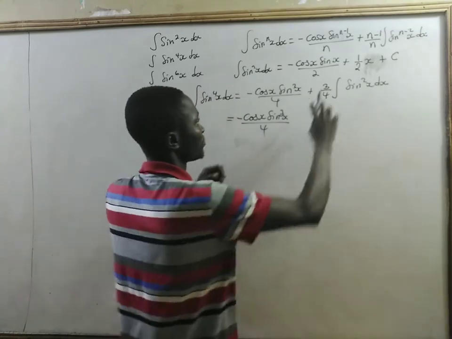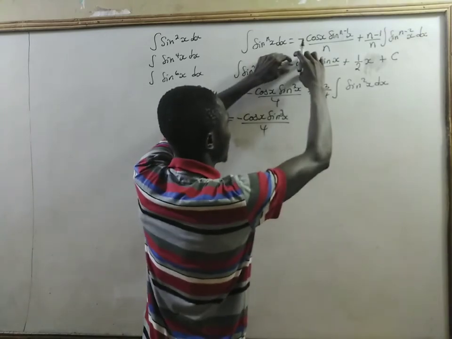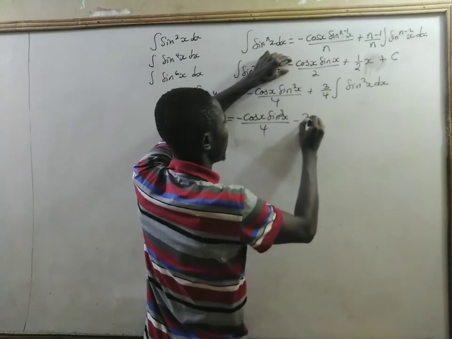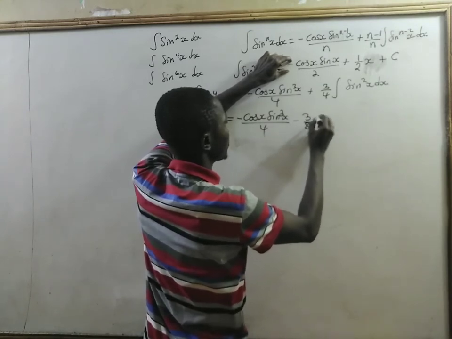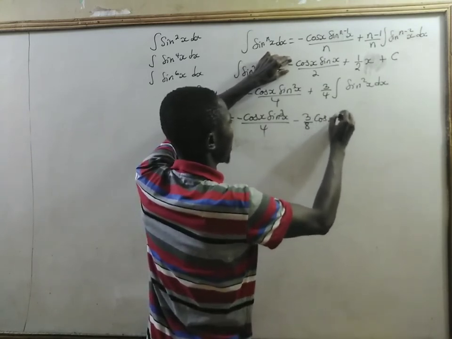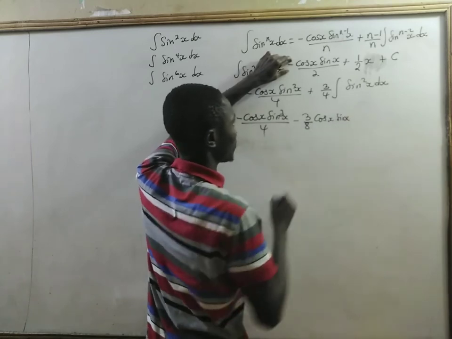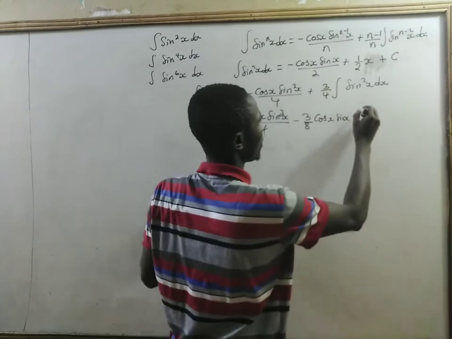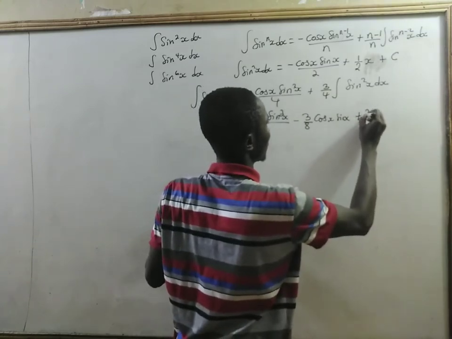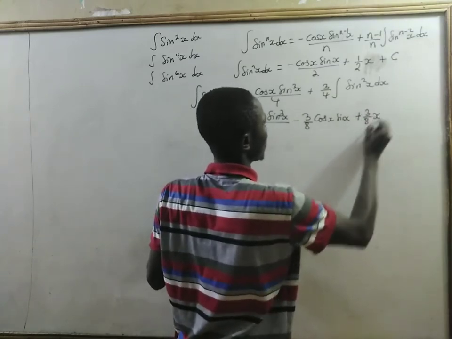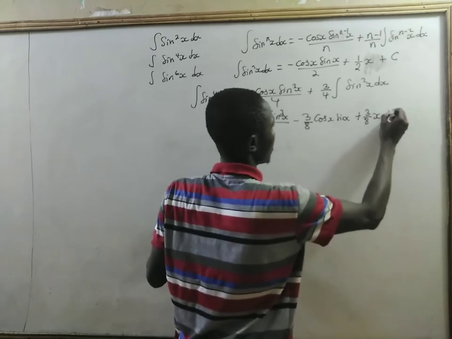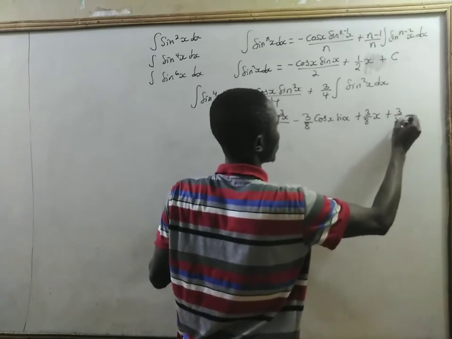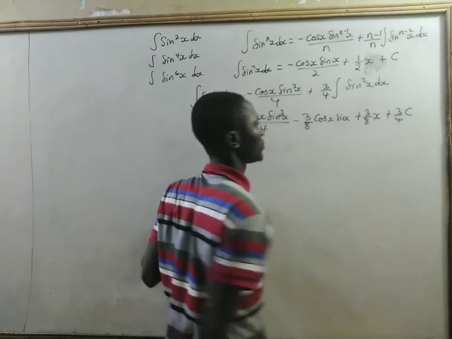So let's do the multiplication. 3 out of 4 times this will give us minus 3 on 8 cosine of x sine of x. The 3 on 4 times half of x will give us plus 3 on 8 times x, plus 3 on 4 times c.